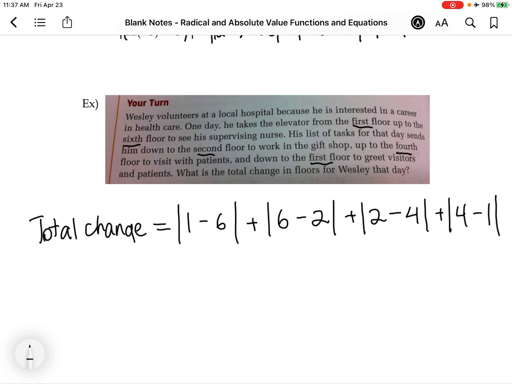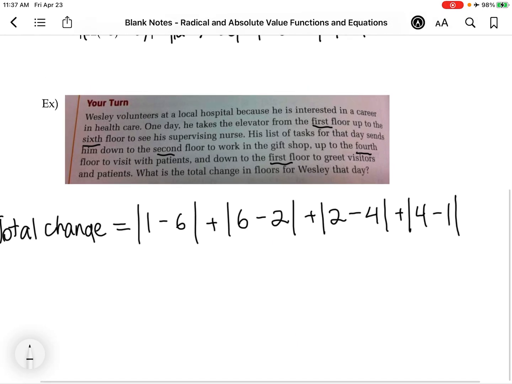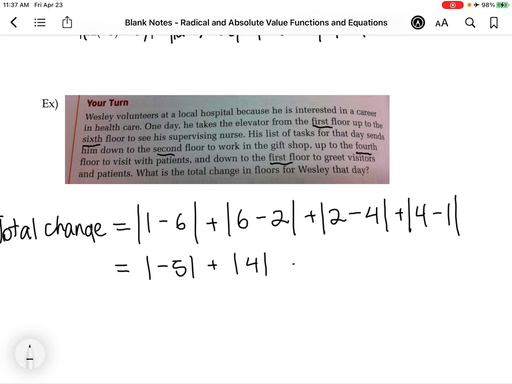And if we look at the difference in floors in each stage, but we take the absolute value of those differences, then we eliminate all of the negative differences and we can just think about what is the total distance traveled. Okay, so let's see what that is. This is going to be the absolute value of -5 plus the absolute value of 4 plus the absolute value of -2 plus the absolute value of 3.